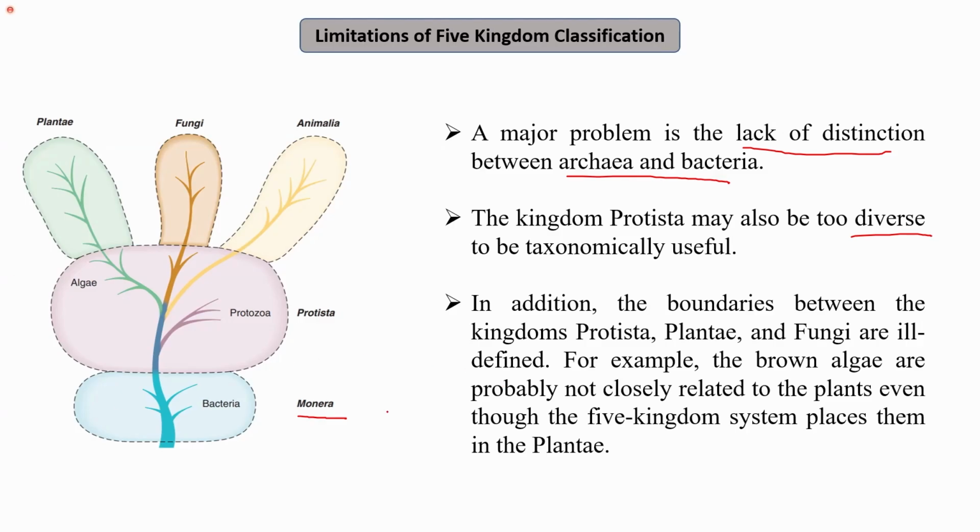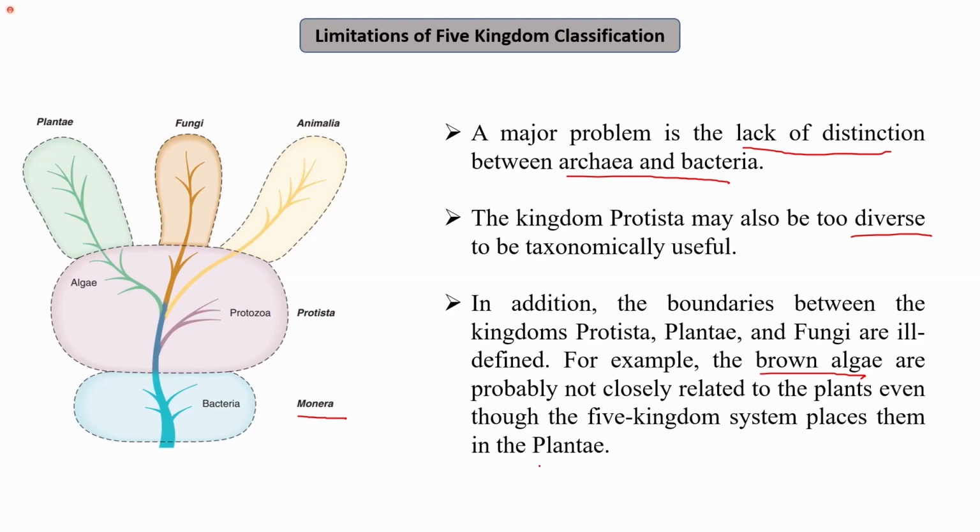So there are certain examples. For example, we can see the brown algae were probably not closely related to the plants, even though the 5 kingdom system places them in the Plantae. Now when we have genetic information about the organisms, when we can understand the genetic similarities between the different organisms, we have the understanding that the brown algae is not at all closely related to the plants.